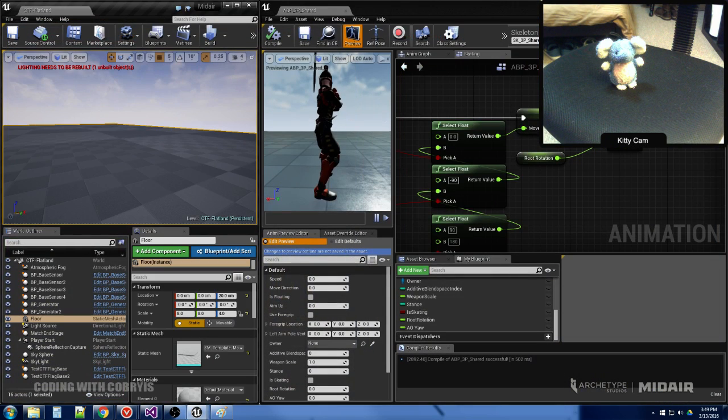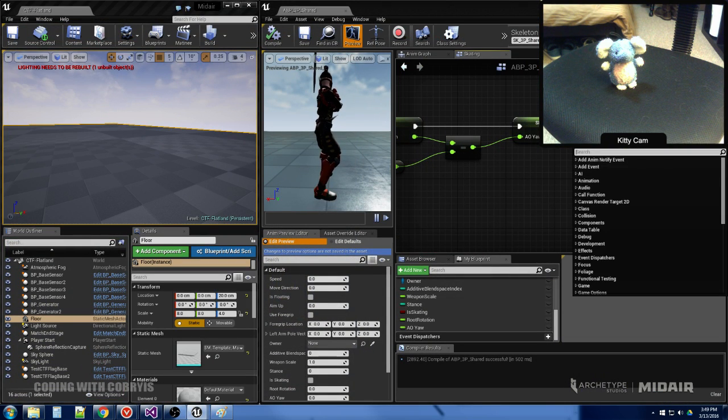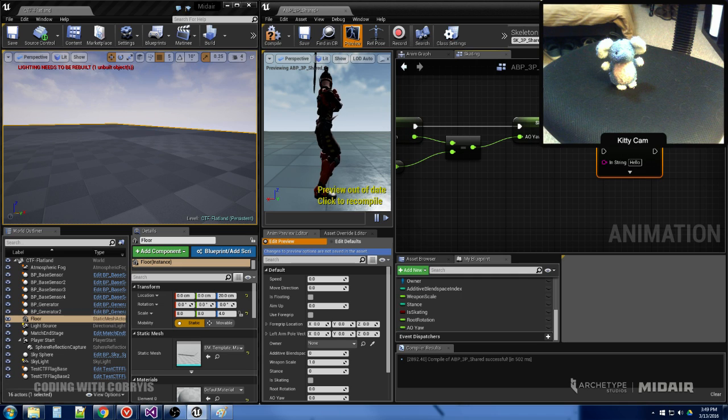Okay, let's start printing this value so we can see what exactly is going on. Print string. Convert the float to a string.